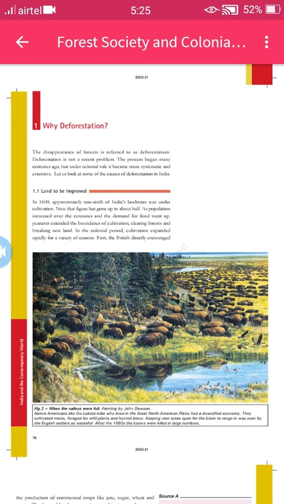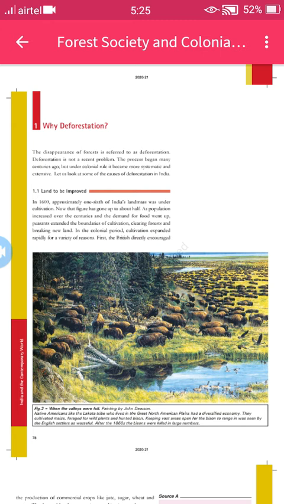The slash and burn, I think you all know, a small patch of forest is destroyed. The deforestation they did, still also it is going on. Still in some places they are using that method.